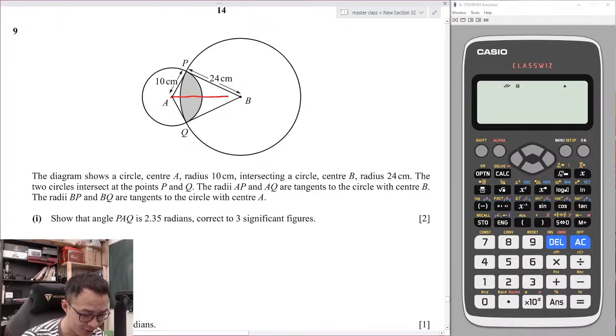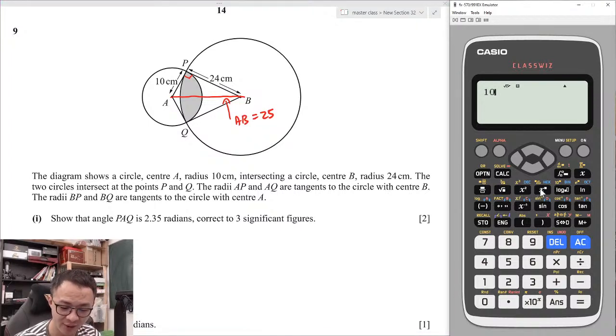I try to cut this one into half here because the tangent is going to tell me it is 90 degrees here. So I can know the middle line is 25. So AB is 25, isn't it? 10 square plus 24 square. It's not 25, oh, it's 26. Sorry.